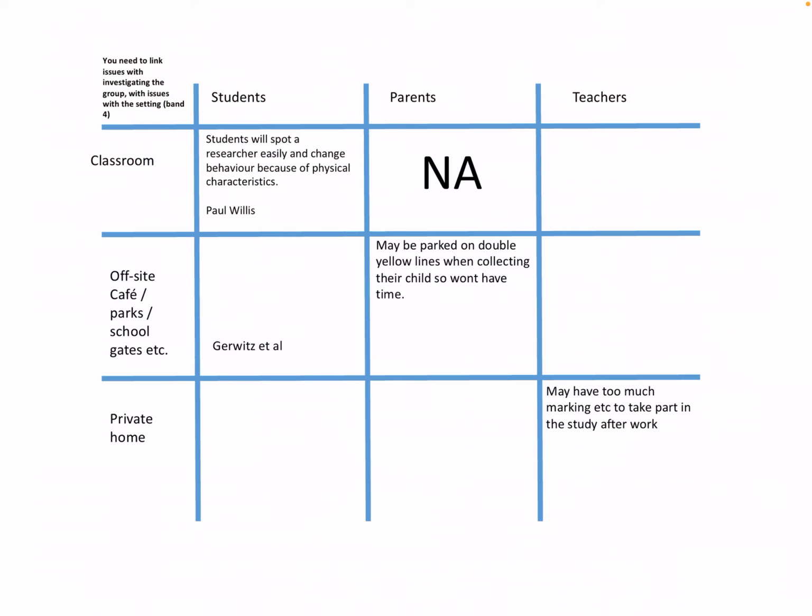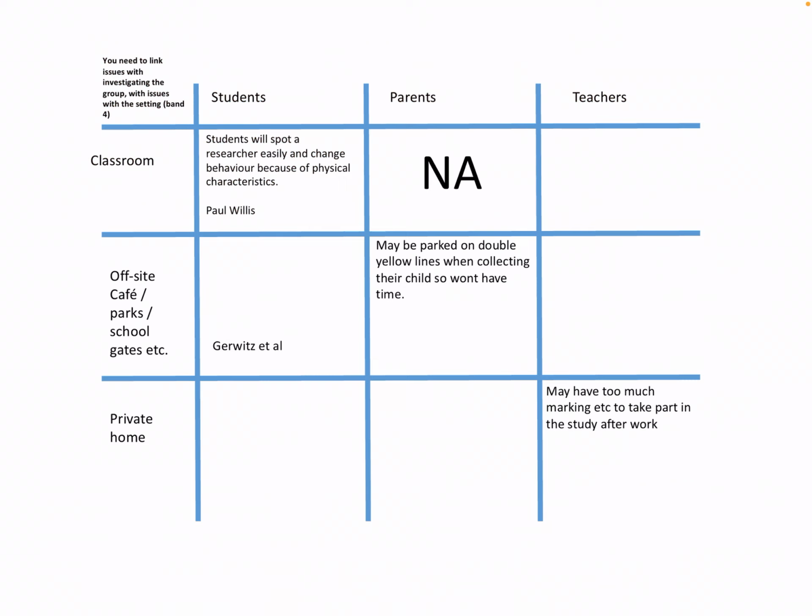I'm white and I'm a woman, so I'm not going to be able to get in with perhaps particularly the male anti-school subcultures because I look so different. So I'm not going to be accepted in those groups perhaps. So you've got to just be aware that the way the actual researcher looks will really affect student actions and behaviour when they're around them in the classroom and around the rest of the school.